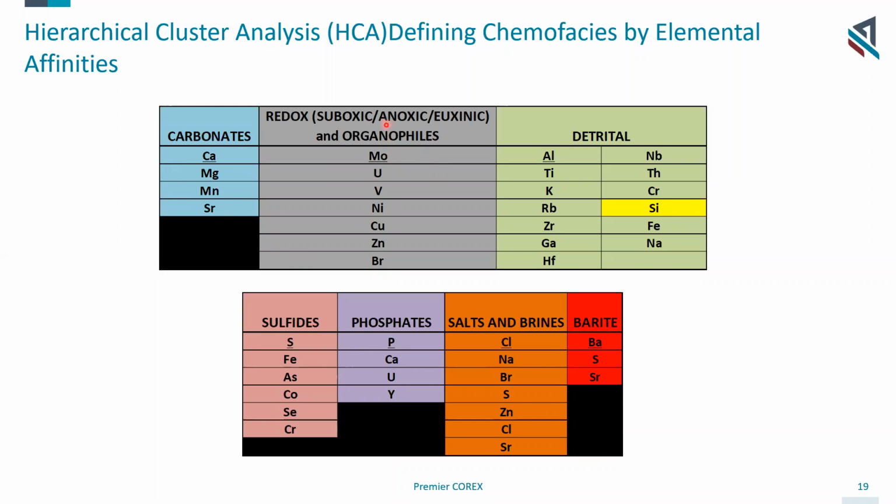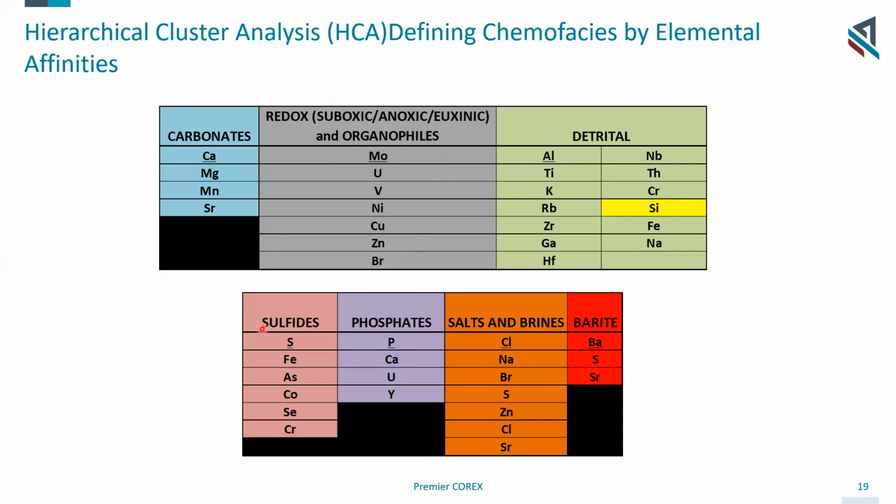Molybdenum, uranium, and nickel are normally associated with redox and organic-rich minerals or formations. The detrital minerals are represented by, as you might expect, the major one being silica, but also aluminium, titanium, and potassium.